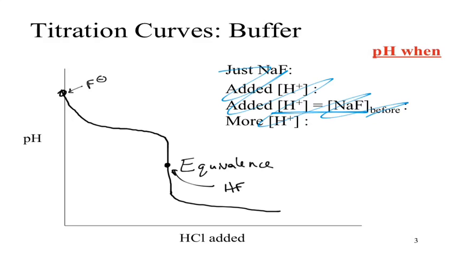So where do I get HF and F minus concentrations equaling each other? At the equivalence point, I only have HF, and at the beginning, I only have F. At the exact middle of that, the middle is a good way to think about it. We could call it the middle equivalence point. Someone decided to get a little bit fancier with it.